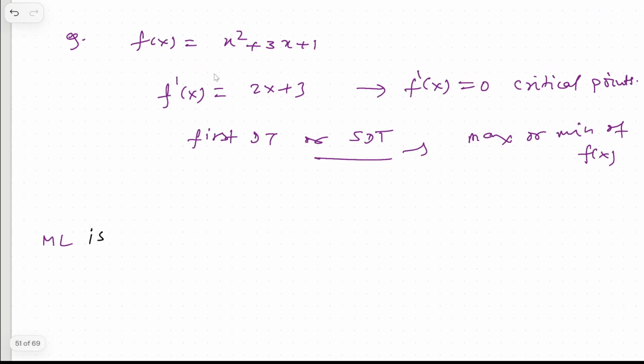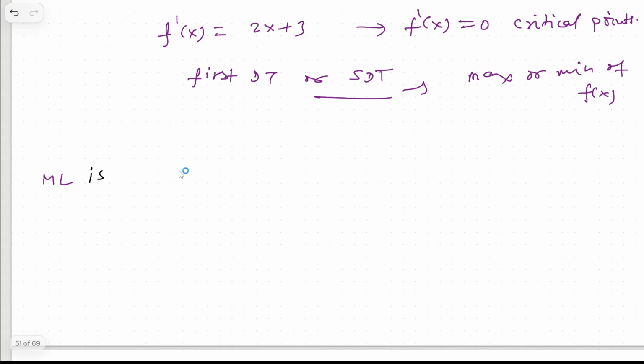These were good boys. We used to find maximum, minimum value and everything is done. But in machine learning, that is not sufficient. Let me write this.